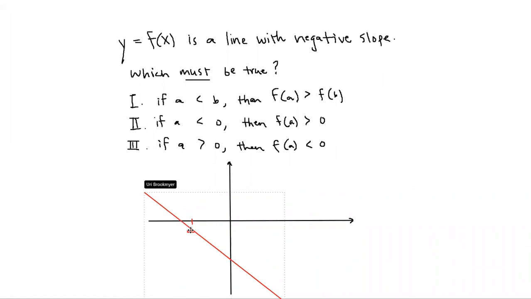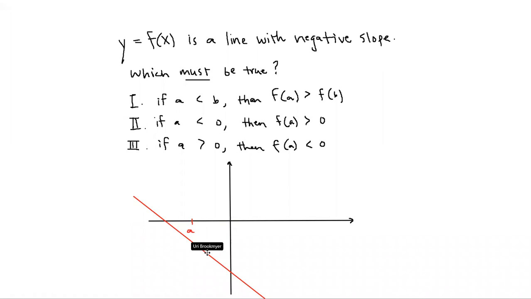For instance, maybe this line is the line we're talking about. In this case, a is less than 0, but f of a is not greater than 0. Because we've shown one scenario where option 2 is not true, we can rule it out, since we can only pick options which must be true. In other words, which are always true.